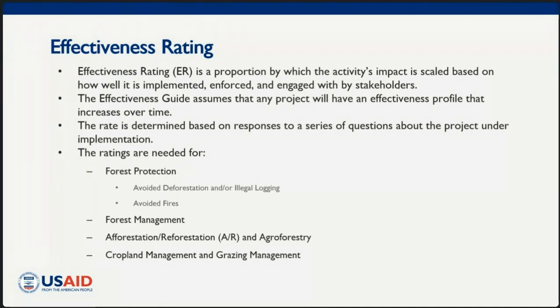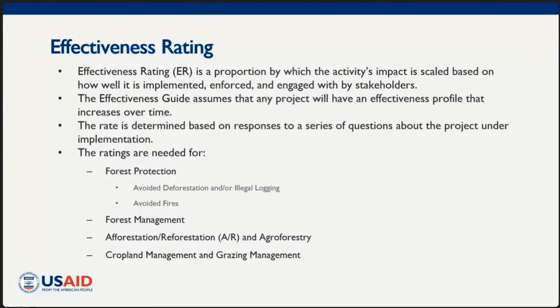It gives something like an efficiency of the implementation of that project. It scales the activity such that you don't get, let's say, some abnormal values when doing the calculations.